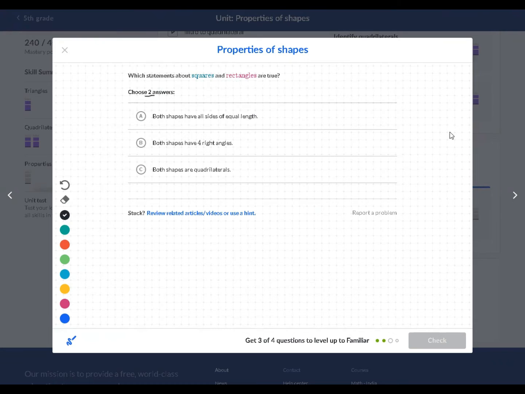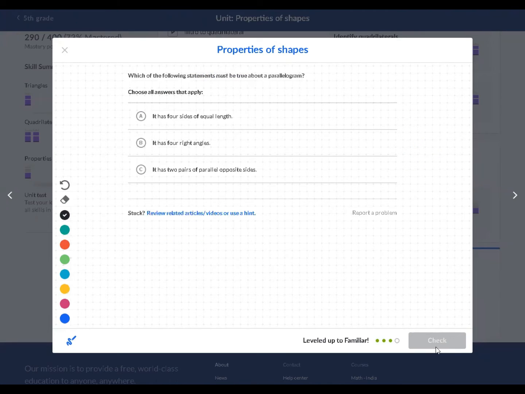Let's go to the next one. Both shapes have 4 right angles. Yep, that's correct. Both shapes are quadrilaterals. Yes, that's right too. So these both are correct, and the first one is wrong.